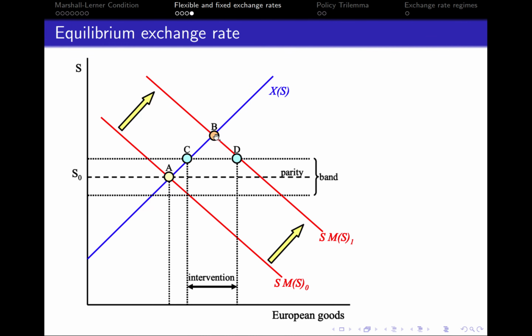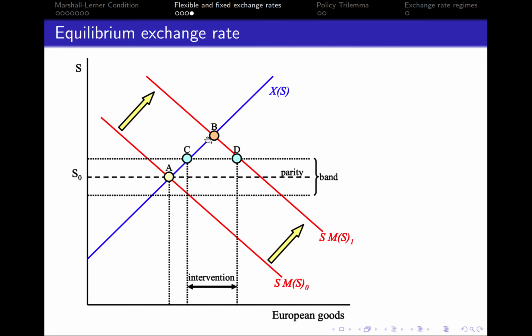But as you see here, the new nominal exchange rate is above this band. So what can the European Central Bank do? We see that this shift in imports was associated with depreciation of the European currency.